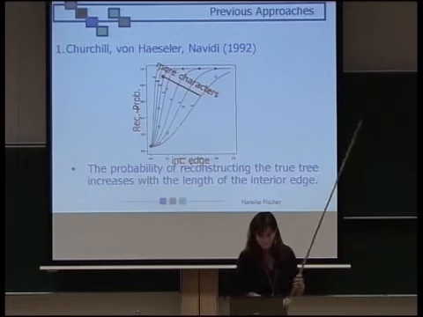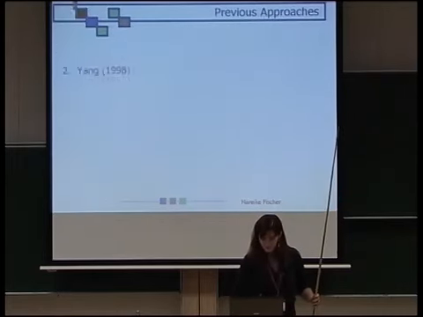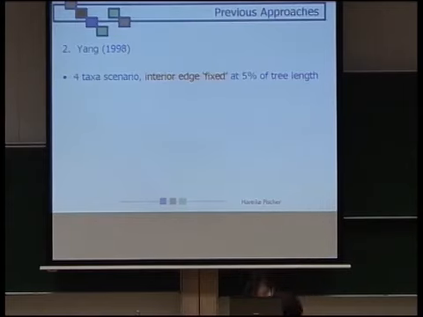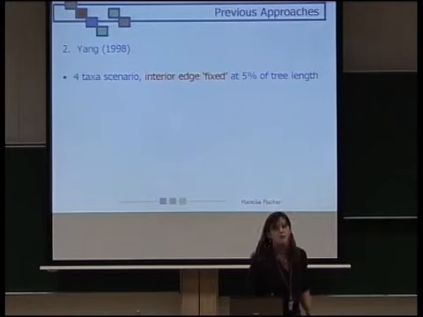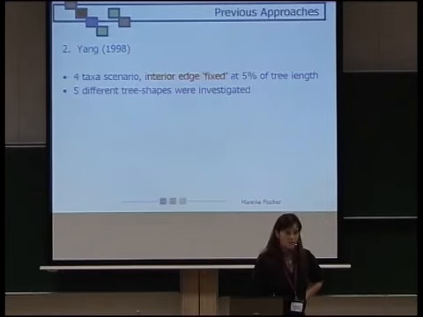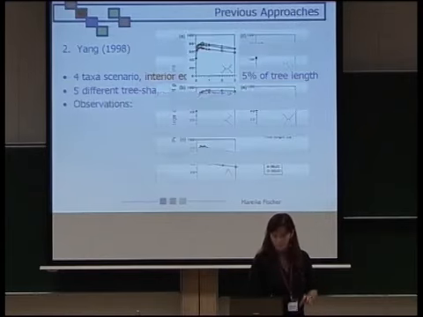Another approach in 1998 was taken by Yang. He fixed the interior edge at a length of 5% of the total tree length, and he investigated the 4-taxon case looking at 5 different tree shapes.